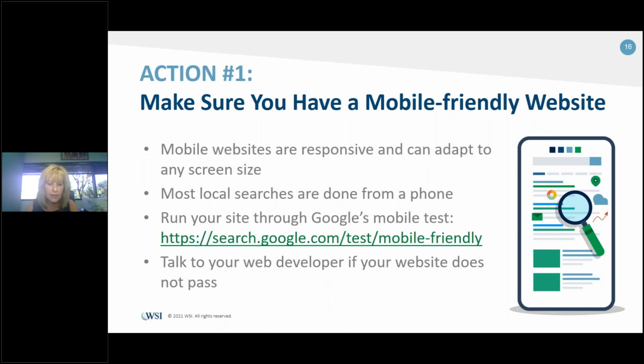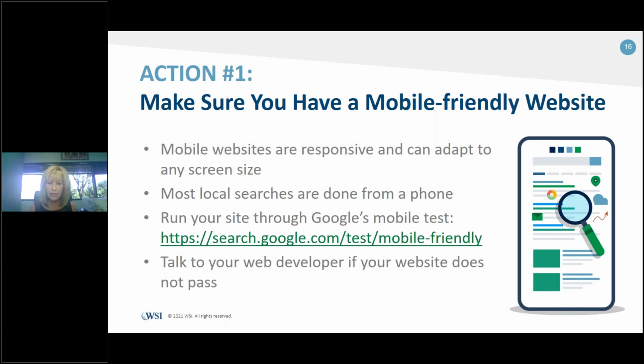On this slide, there's a free test you can do. So when you get the slide, you'll be able to use this, and it will tell you whether your site passes the Google test for mobile friendly. I can tell you if your site's more than 3 or 4 years old, it's not going to pass. It means that your website is formatted for mobile, where it changes, it responds.